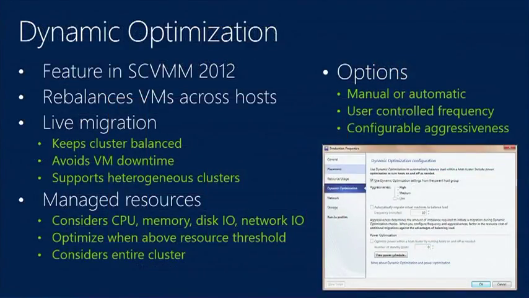Okay, another thing we have now is called dynamic optimization, and how can I minimize the costs and save power from my machines. So if we have a cluster of Hyper-V, and that cluster is managed by System Center, and I have, let's say, 10 physical servers. I saw a lot of customers doing this.